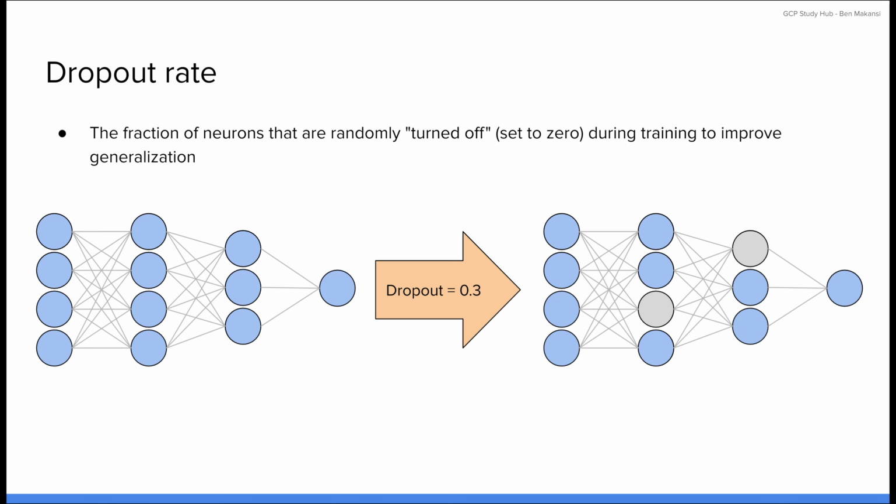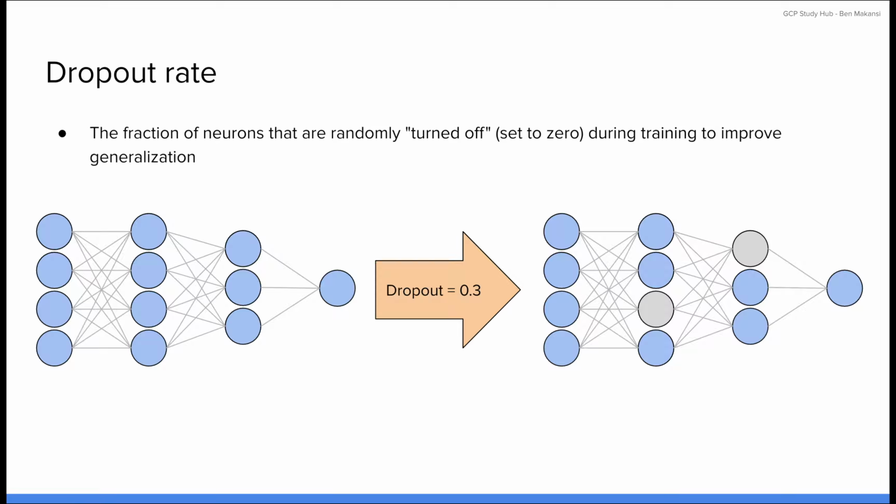On the right, you can see that some neurons in the hidden layers have been randomly turned off, shown here in gray. In the first hidden layer, 1 out of 4 neurons is disabled. And in the second hidden layer, 1 out of 3 neurons is turned off.